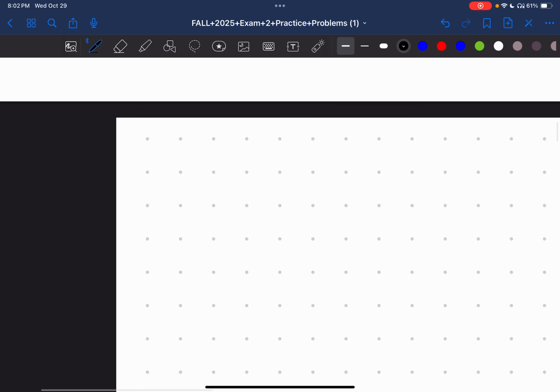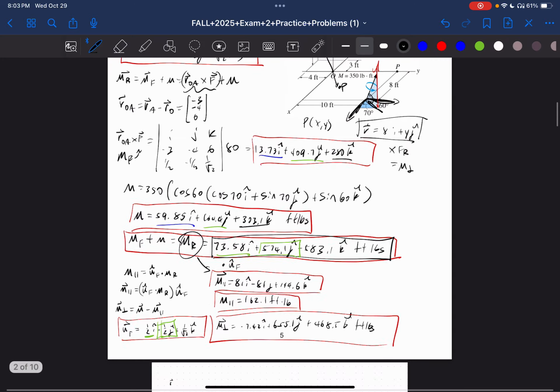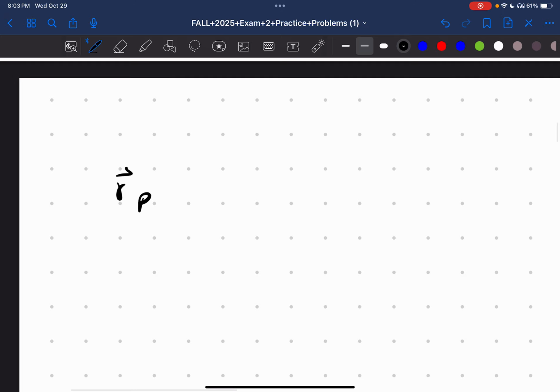So what we will see is, I can't write R, the moment from O to P, which is going to be R_P, cross force resultant.